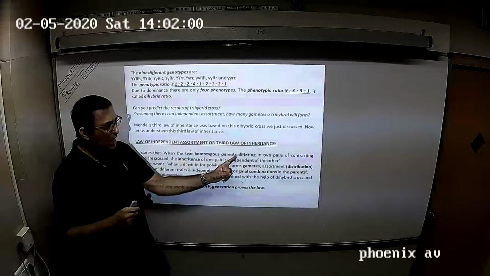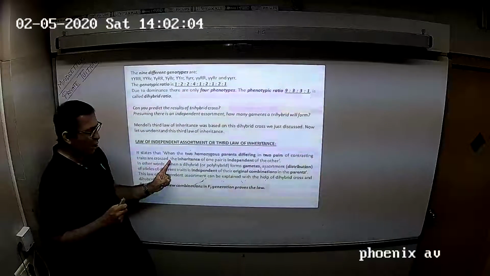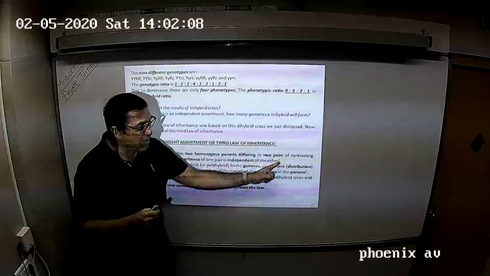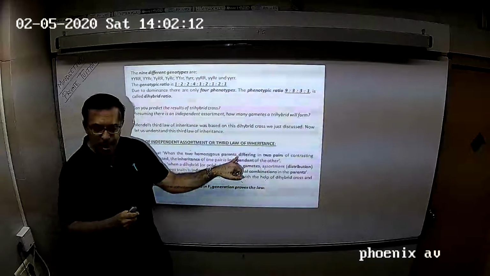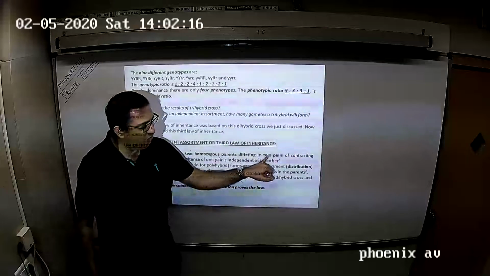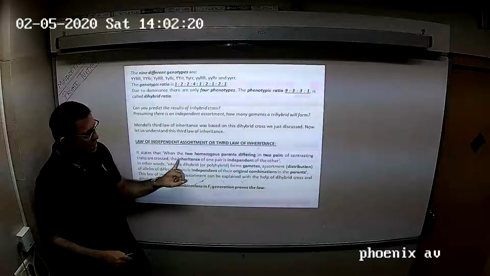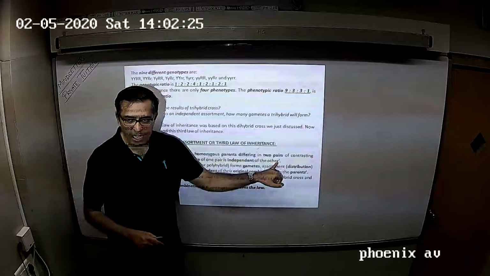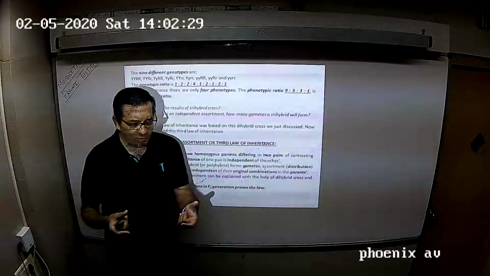When two homozygous parents differing in two pairs of contrasting traits are crossed, the inheritance of one pair is independent of the other pair. When two homozygous parents, yellow round, green wrinkled, differing in two pairs of contrasting traits are crossed, the inheritance of one pair is independent of the other. So one pair will inherit independently of the other.